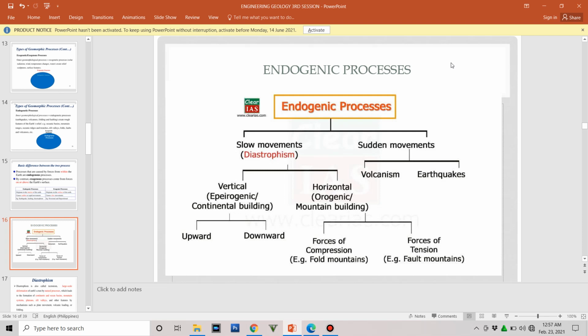And then, if we have horizontal movement, syempre, the continents or the plate will be either compression or convergent, or if we have a tension, it will be divergent. So compression will cause fold mountains, while the force of tension could cause fault mountains or a rift valley.